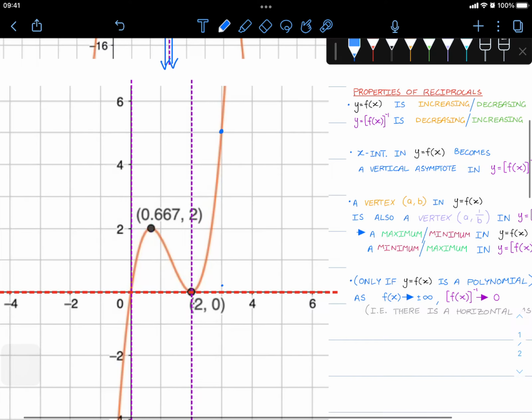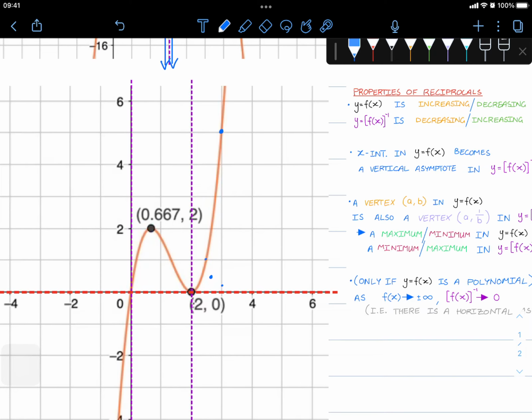This point, let's pick this point here. This point here is y equals 2. Its reciprocal will become 1 over 2. So that point there.